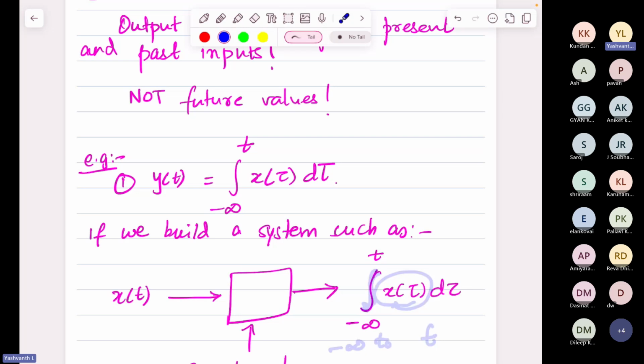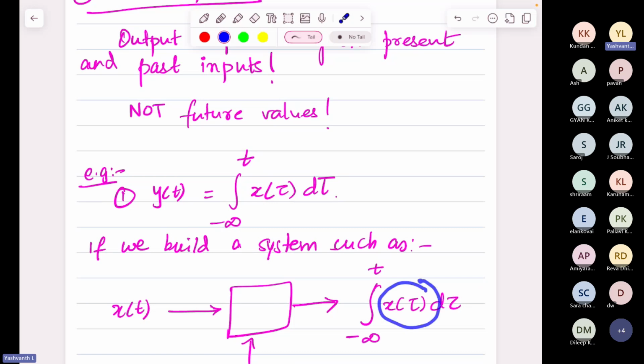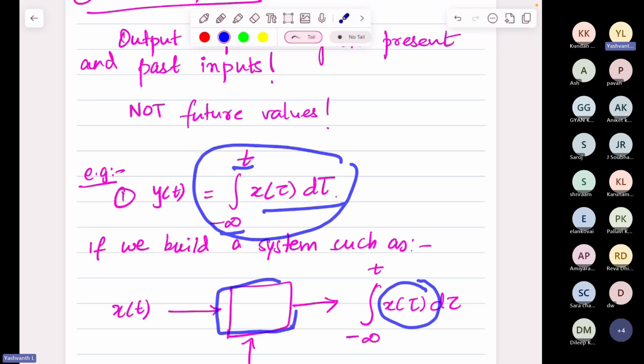So it adds up every single x for every tau between minus infinity and current time t, but for tau greater than t, it doesn't add it. So that means the output depends only on past inputs and the present input, but not on future. So this type of system, which takes input x of t and gives output as the integral from minus infinity to t of x of tau d tau, is a causal system.